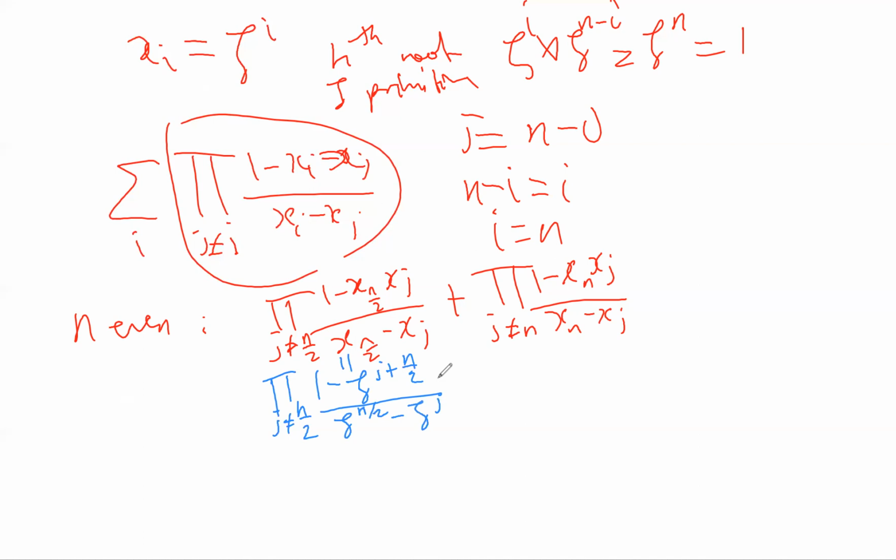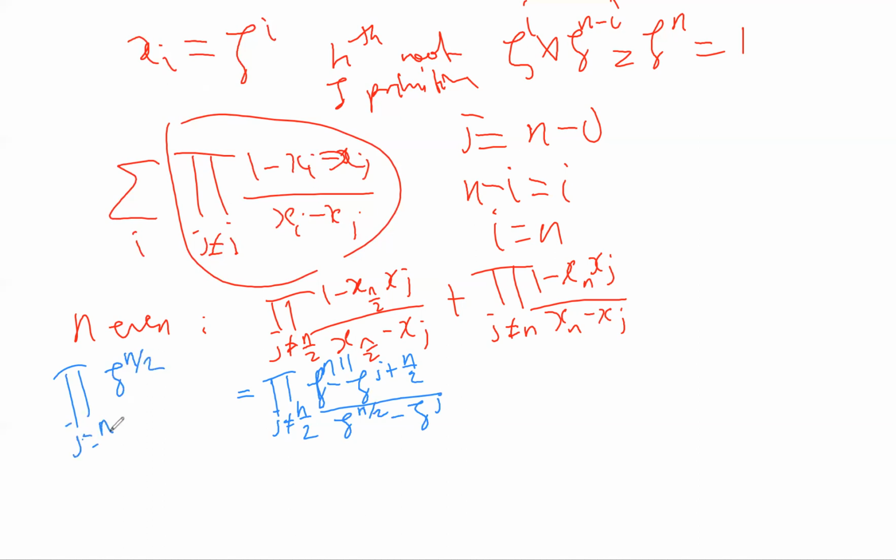Well, one thing you can do is write this 1 as psi to the power of n, and then take psi to the n on 2 out, and then the other stuff cancels. So you get psi of n on 2.